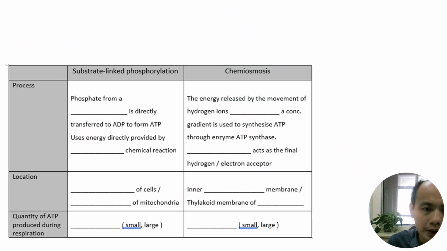So, a comparison between these two phosphorylations, one is substrate-level phosphorylation, another one is chemiosmosis. Both involve phosphorylation, ATP synthesis. Substrate-level phosphorylation: phosphate from a substrate, any phosphate-rich substrate, is directly transferred to ADP to form ATP. It uses energy directly provided by another chemical reaction. So the energy needed to form ATP is obtained from another chemical reaction.